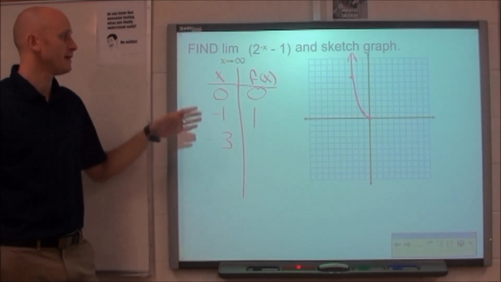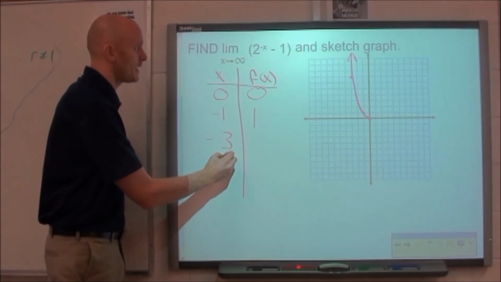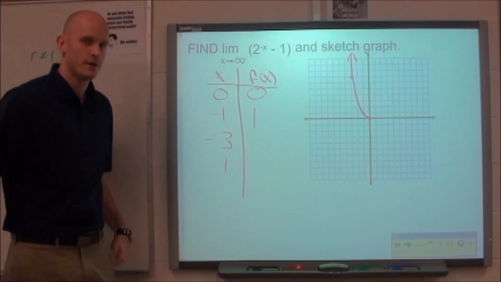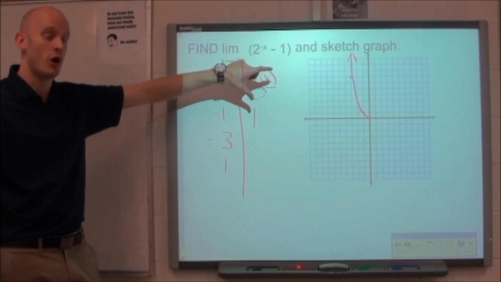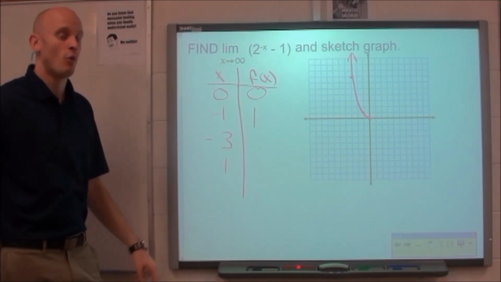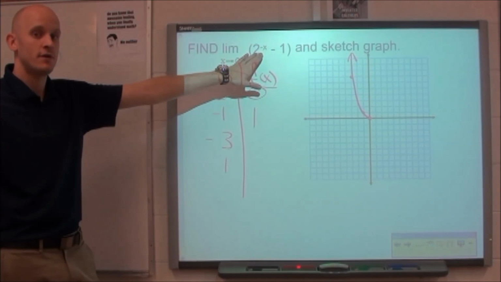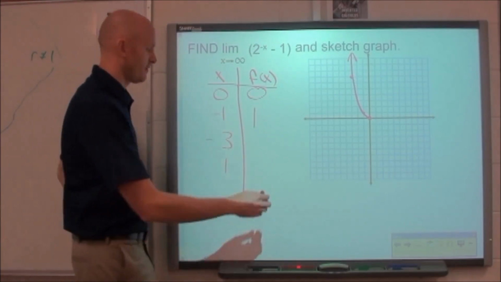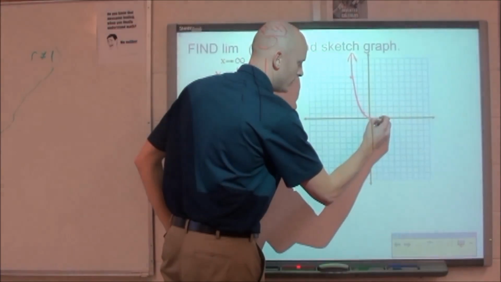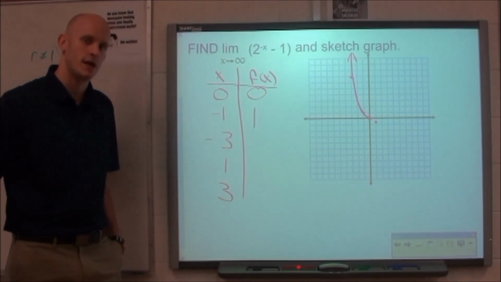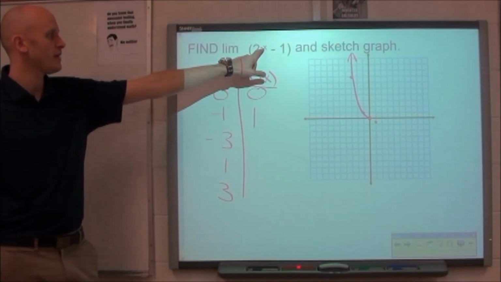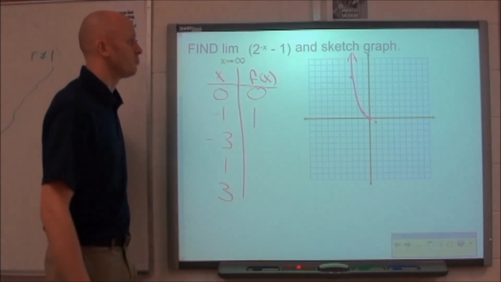As I go to the right, let's pick numbers over there. Let's try +1. This is 2 to the -1 power, which is 1/2, minus 1. 1/2 minus 1 is -1/2. Let's pick another value. Let's say we pick +3. That would be 1/8 minus 1.